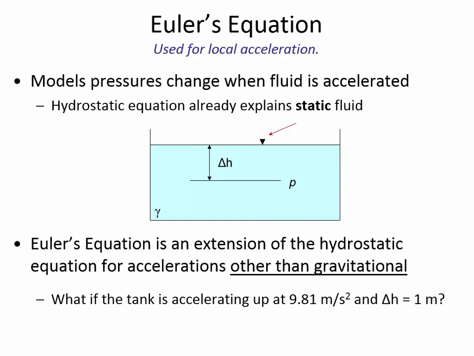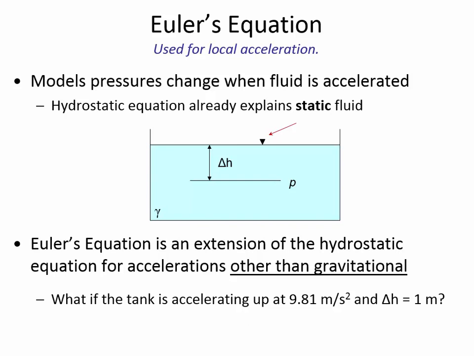So for instance, let's say this tank that's on the screen right here, what if this tank was accelerating up? So it was on an elevator or a rocket. It's on something that's accelerating it upwards at 9.81 meters per second squared. What do you think would be the pressure at this location, at a depth of 1 meter?